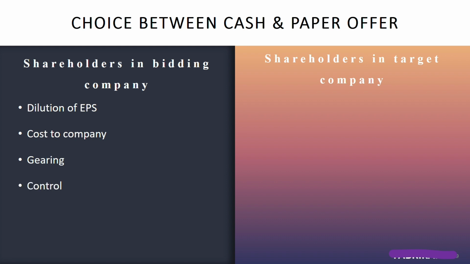Next, control. If you are going for a share offer, control is going to be lost. But with cash, nothing as such. And then authorized share capital increase. When you go for a general meeting resolution, borrowing limits may have to change.